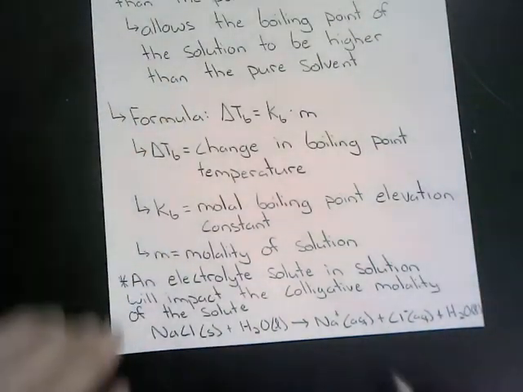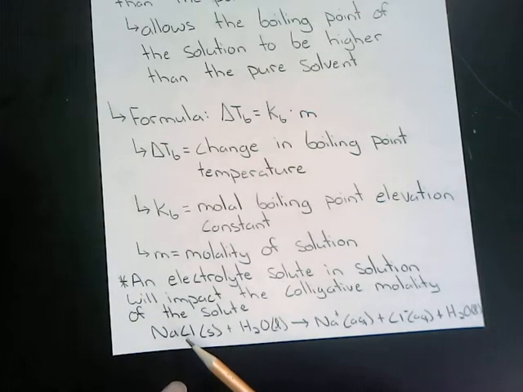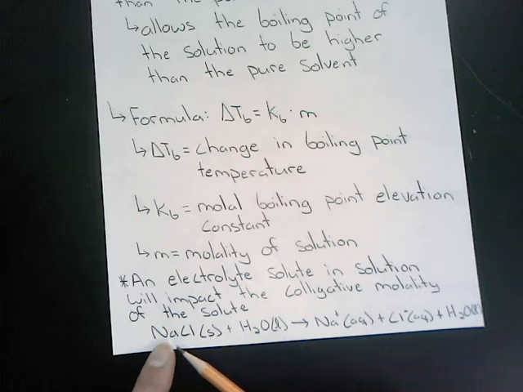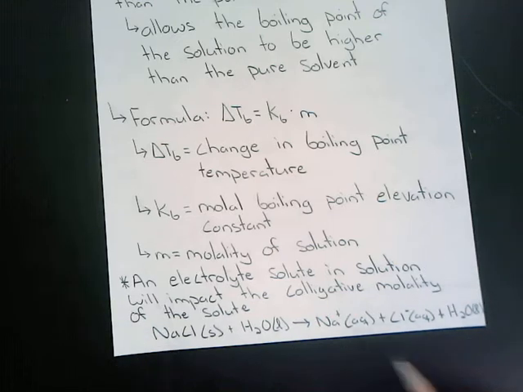The point I'm trying to make is, let's say we have a 1 mol concentration of NaCl. Because Na and Cl break into their respective ions, we'd actually have 2 mol because of the nature of the solution. We'll see that in a couple of examples that we will do.